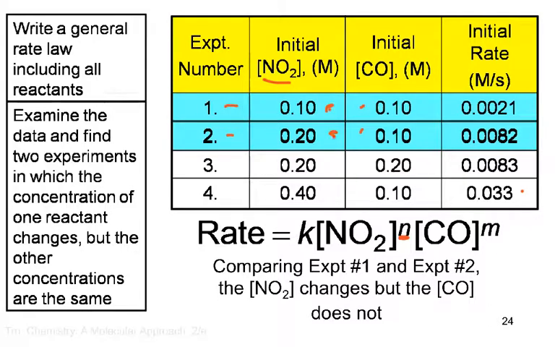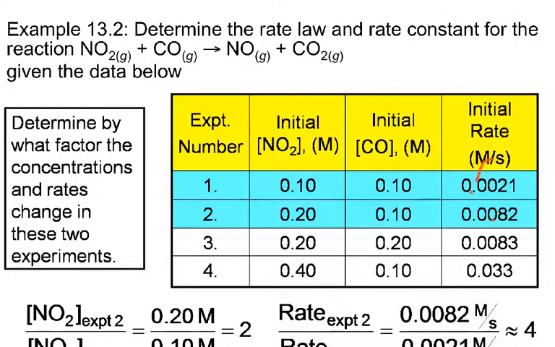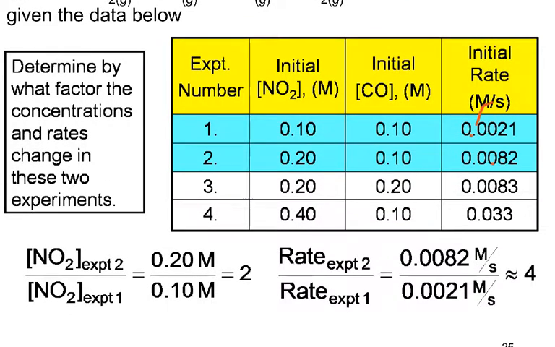So if we doubled our reactant concentration, our reaction rate here quadrupled. It went from 0.0021 to 0.0082. If we actually do the math, you can see that our concentration doubled. If we divide the rates the same way, we get an answer of about 4, so it quadrupled. So our order of the reaction with respect to nitrogen dioxide is 2.